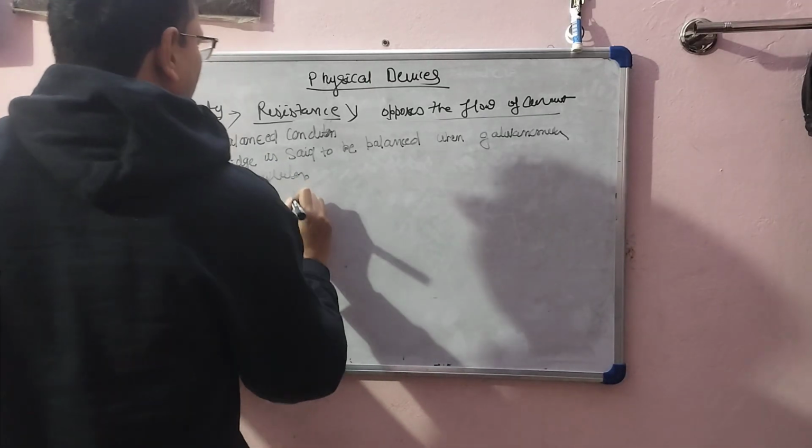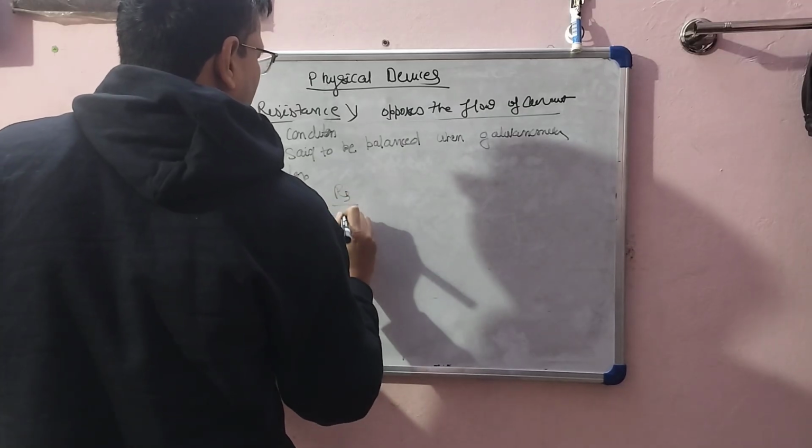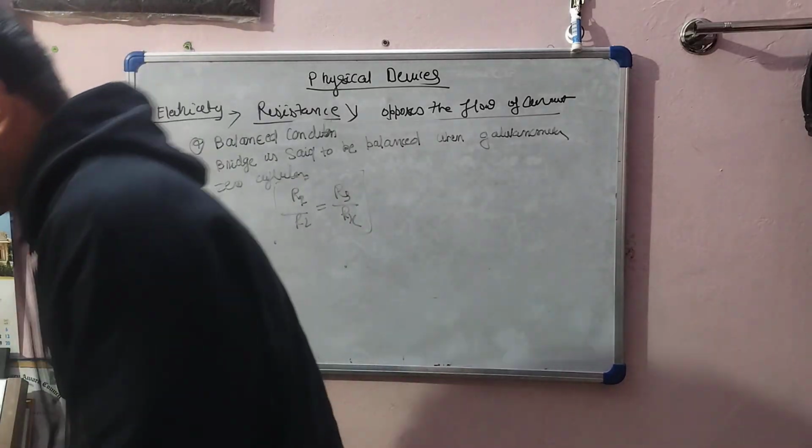R1 upon R2 equal to R3 upon Rx. This is the balance condition.